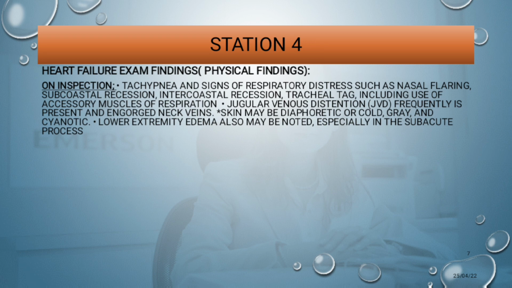But when you're writing this, it's an exam setup. If you say if they have signs of respiratory distress such as, then it's okay, since you have indicated that if the patient you're examining has signs of respiratory distress. Okay, then for the jugular venous distension, there will be a jugular venous distension, or there will be distended neck veins on inspection, which is of course frequently present, as engorged neck veins.